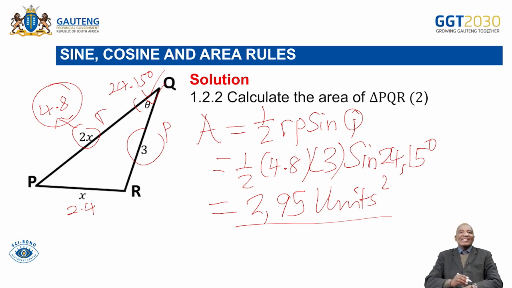So your final answer there was 2.95 square units. The units were not given to us, so if units are not given, you say square units or units squared. Are there any questions before I proceed?